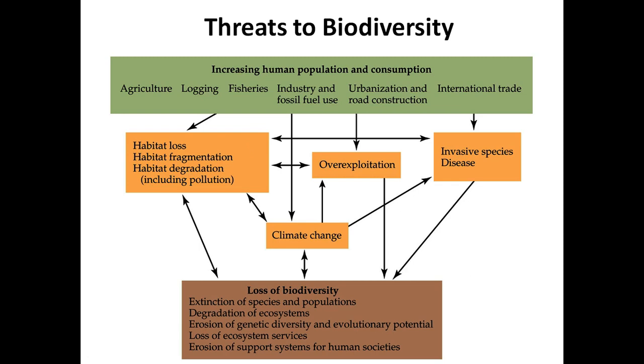Compared to the previous unfragmented continuous landscape, now poachers can easily invade a fragmented landscape and poach animals. And climate change, again, is interacting with everything. The final outcome would be the loss of biodiversity. Some populations are going extinct, some are crashing, and some ecosystems are completely degraded. So the overall net effect would be the loss of global biodiversity.